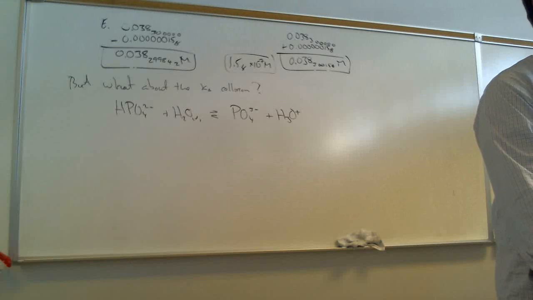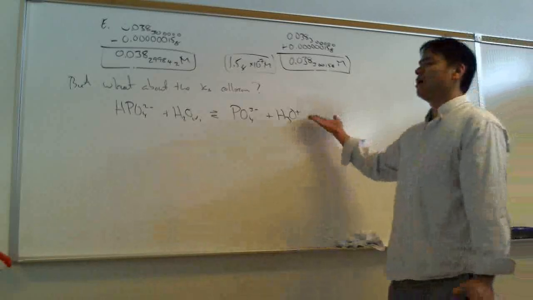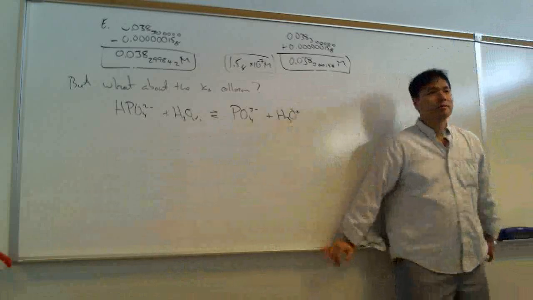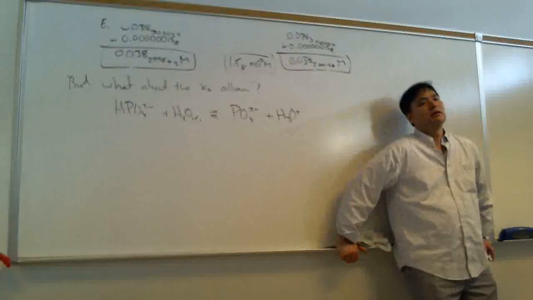We could say it's negligible and ignore it, but that's wrong, because then we should ignore Kw, right? In other words, if you were to say it's negligible, why would you say it's negligible? Because the Ka is really small and there's a lot of phosphate initially.